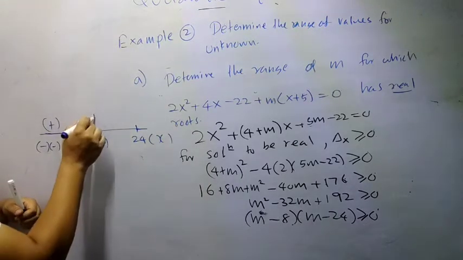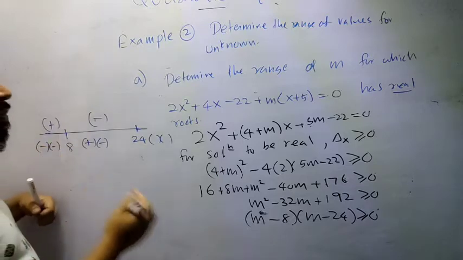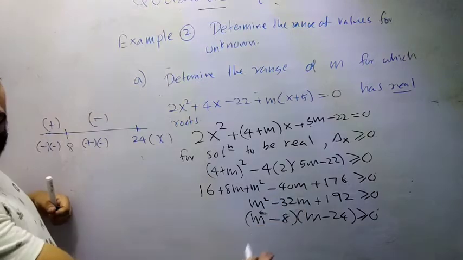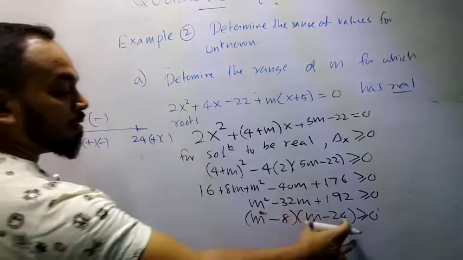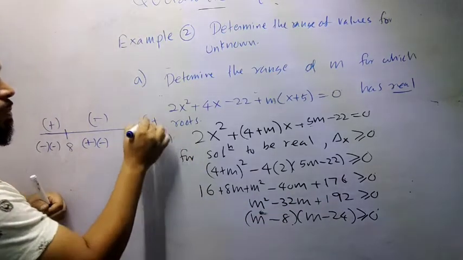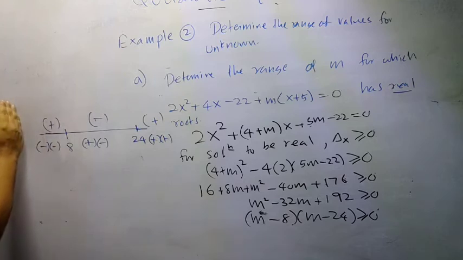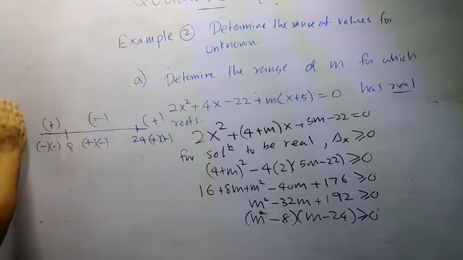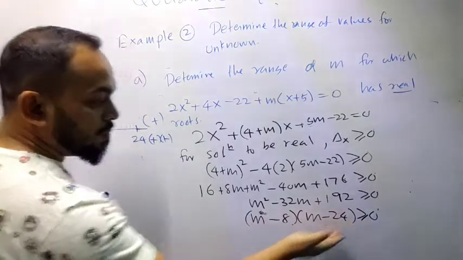Positive into negative gives you negative. Then greater than 24, take 30. If it is 30, this becomes positive and this also becomes positive, again positive. Now you can see when m is less than or equal to 8, the product is positive, which is what we need. Positive or equal to 0.